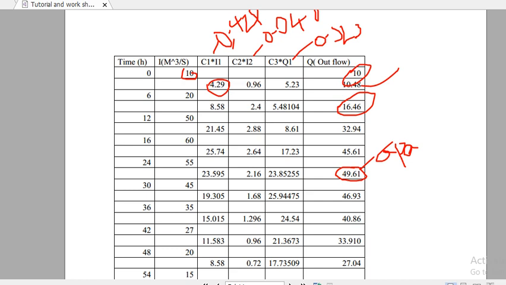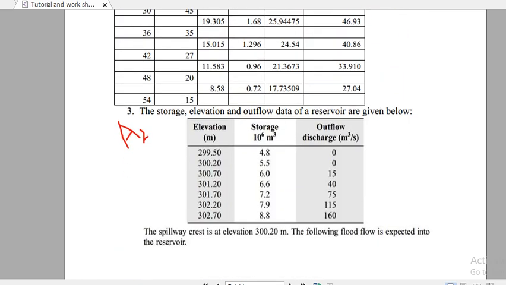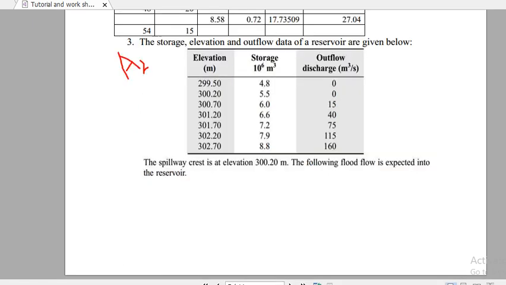Then just move to the next exam. It is assignment 1. This is an assignment for our viewers.